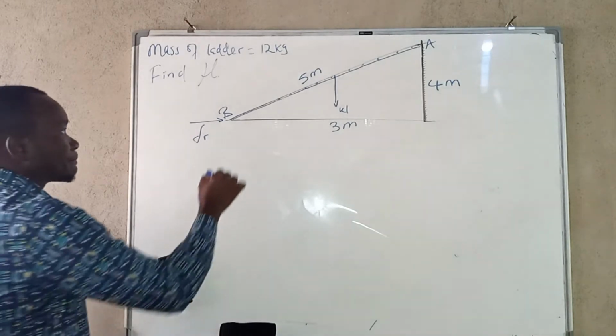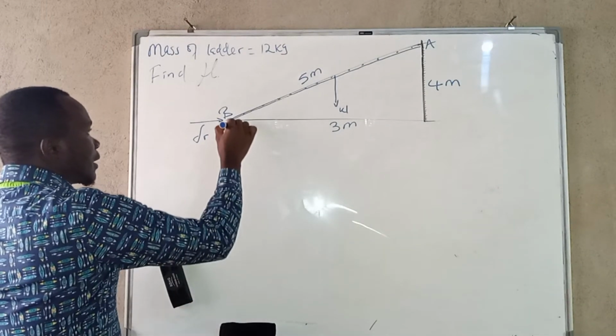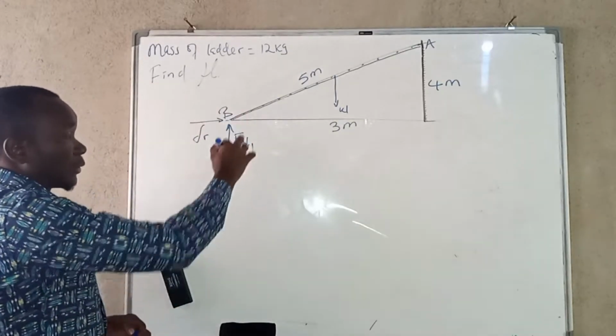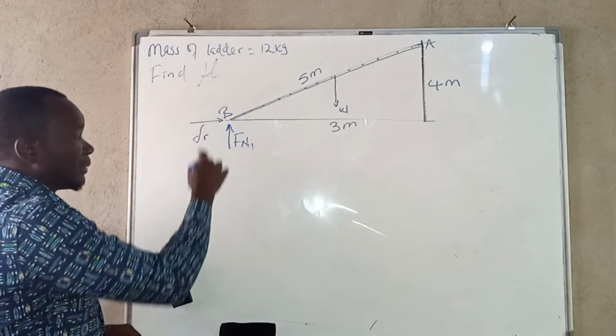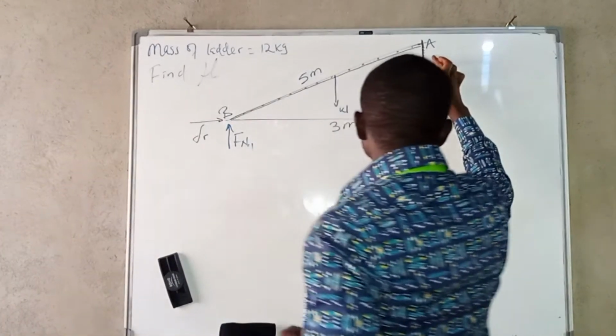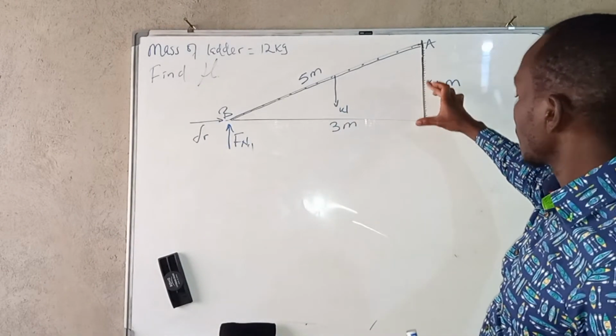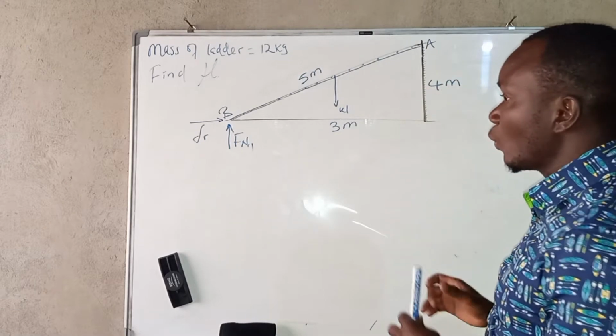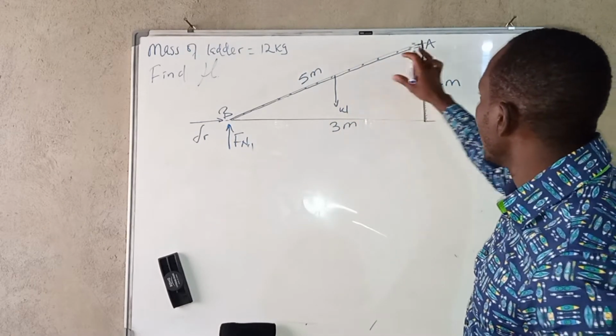At the same time, there will be a force acting upwards to keep this system in equilibrium, and this is Fn1. At the wall here, we assume it is a frictionless wall, so we do not have any friction force here.